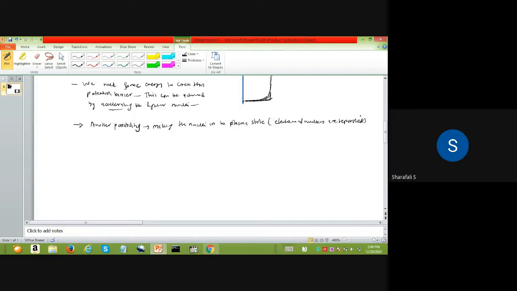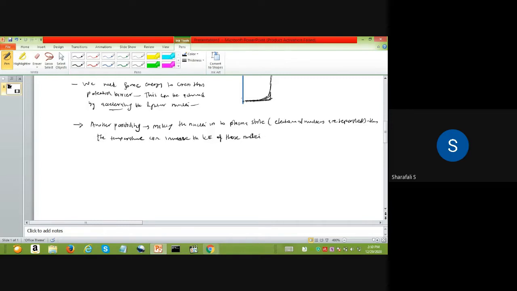So if you make a plasma state of those lighter nuclei, the temperature can increase the kinetic energy of those nuclei.